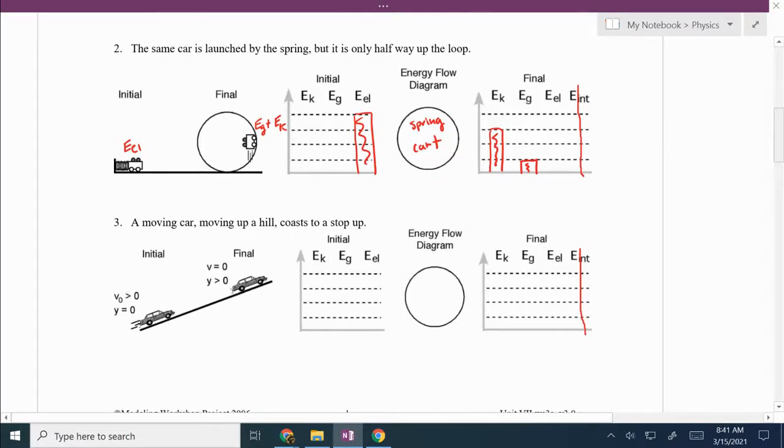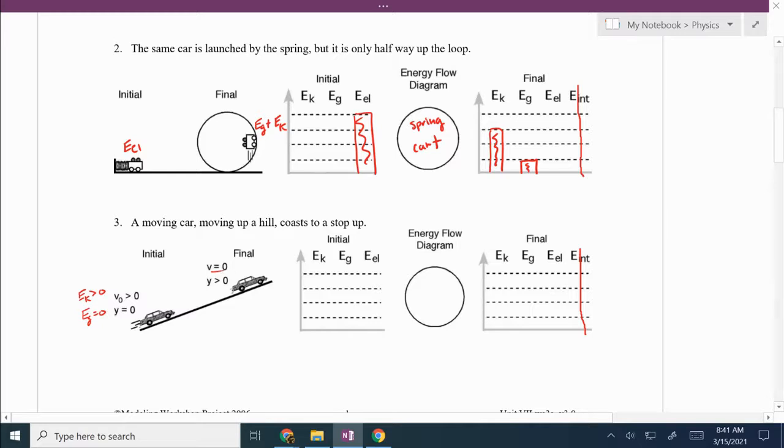Taking a look at number 3, we have this car that's basically coasting up a hill. It gives you these little pieces of information. So y equals 0 tells you that the gravitational energy is 0. v naught greater than 0 tells you that the kinetic energy is greater than 0, so that you do have kinetic energy.